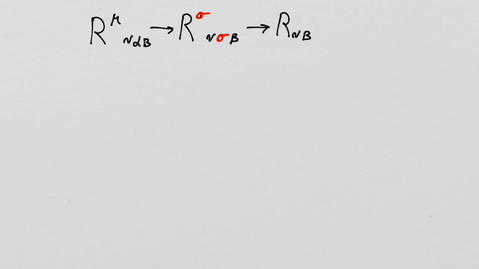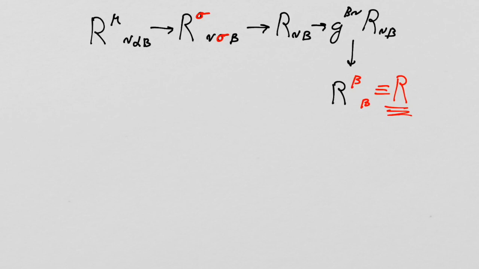You can then take this tensor and create G beta nu R nu beta, and you end up with R, beta beta, which is the definition of the curvature scalar. So that's another object that flows forth directly from this.